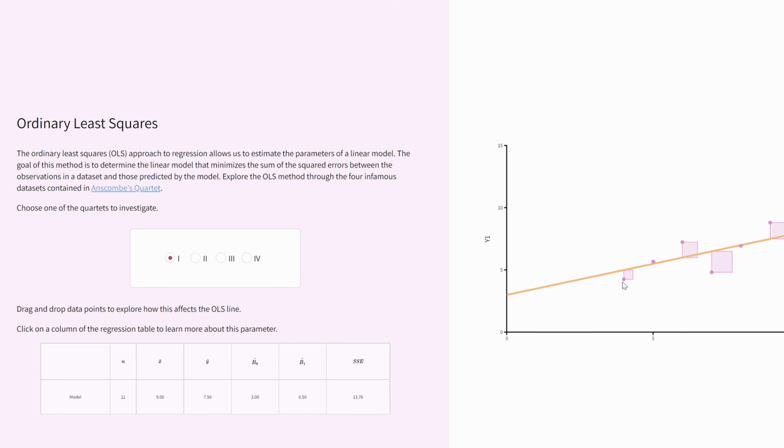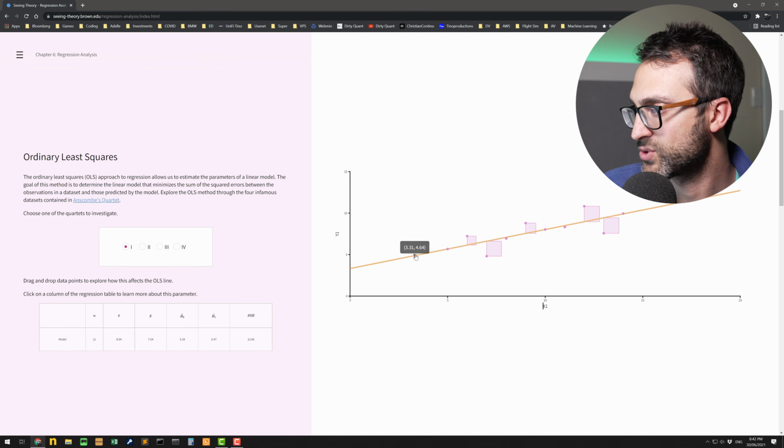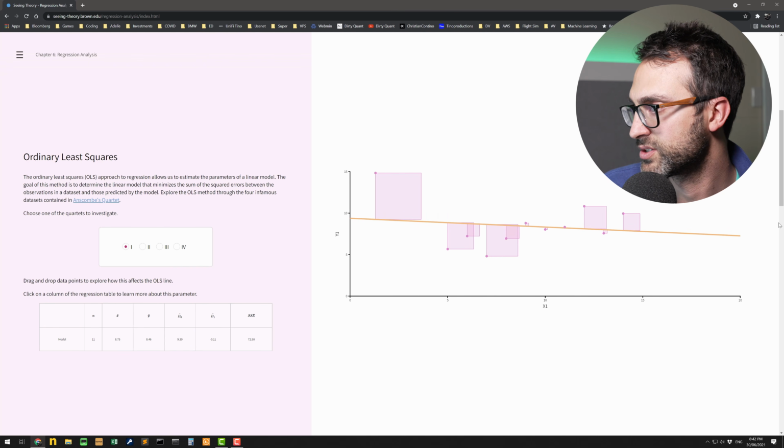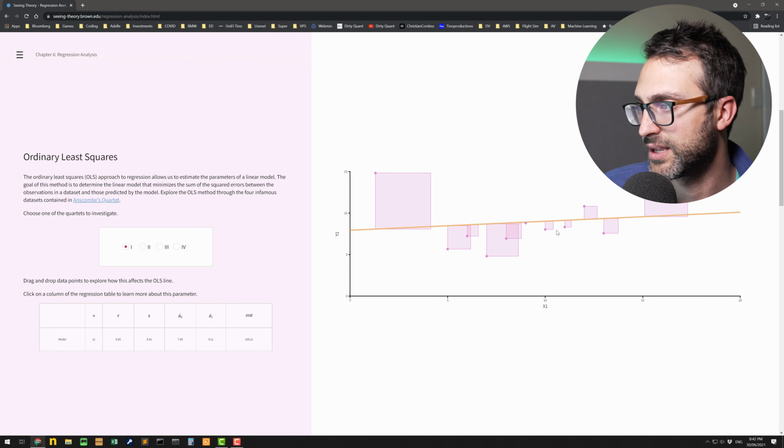Okay, can I do anything? Oh, so that's the regression point. That's the actual observation. I can move the observation, and that changes the weighting. So this square is what it's trying to minimize, and it's trying its damn hardest to make that line make that square as small as possible, all right? But I can just do something silly, like maybe a smile.